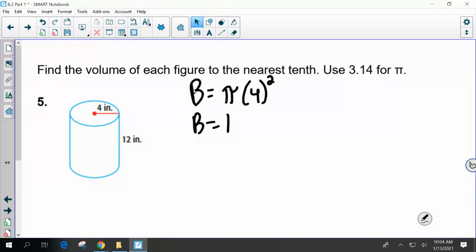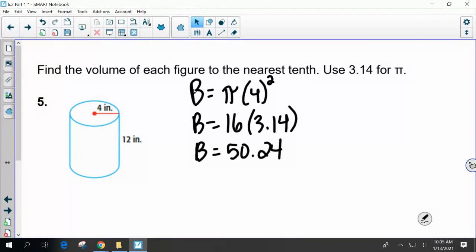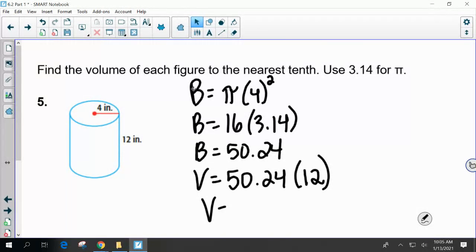So that is 16 times 3.14, which is 50.24. And then I'm taking 50.24 times 12. So your volume is 602.9, if you round, inches cubed.